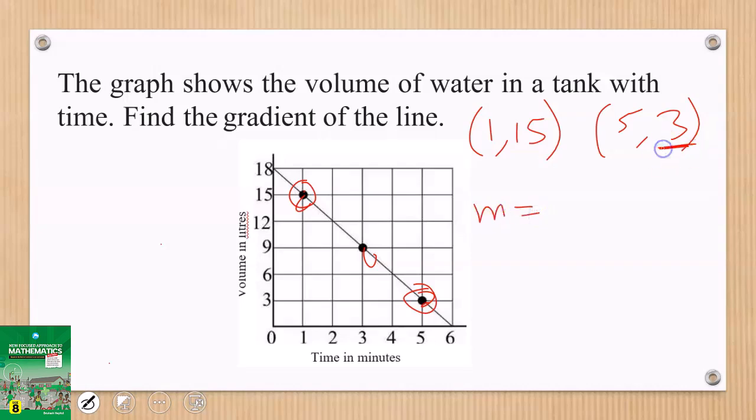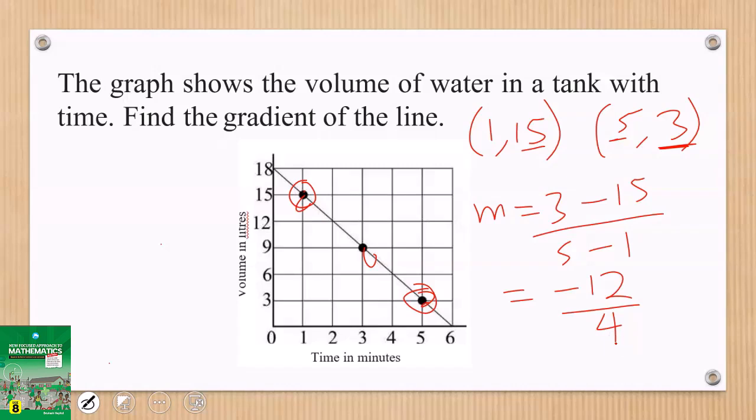So I will call this one y2, which is 3, minus y1, 15, divided by 5 minus 1. And again, we have 3 minus 15 is negative 12, divided by 5 minus 1 is 4. And so we realize that our answer is going to be negative 3. Very steep gradient. And I said it earlier on, I'm going to get a negative gradient.